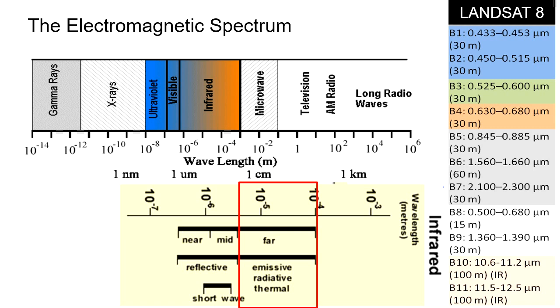As you can see under Landsat 8, band number 8 and band number 9 are the spatial bands. Band number 8 ranges from 0.5 to 0.68 micrometer. Notice that this Landsat 8 band number 8 covers the visible part of the spectrum.